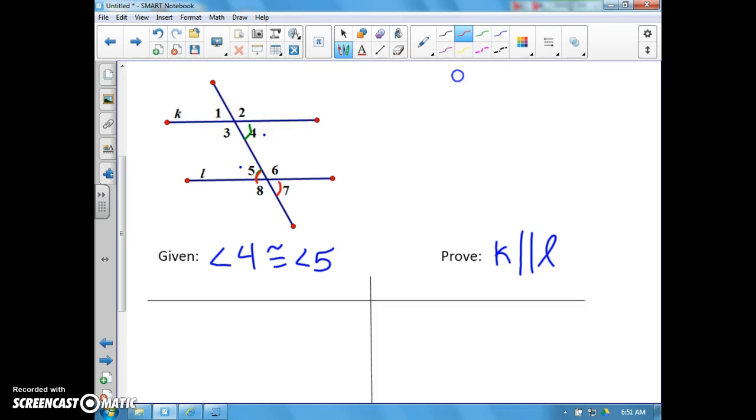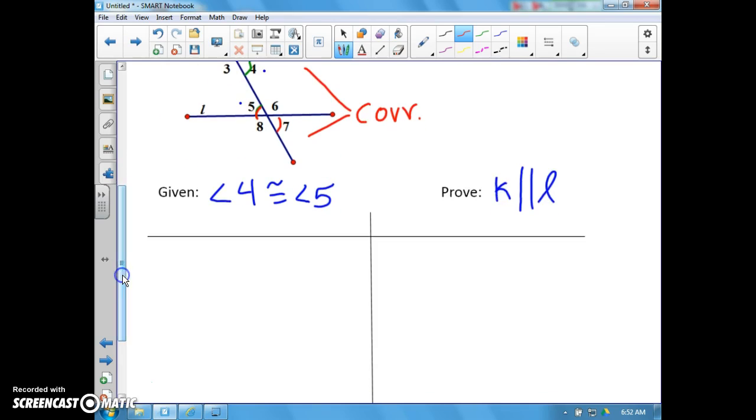Then we'd have a pair of corresponding angles, right, that would help us prove these two lines to be parallel. Because currently the only tool I have is the converse of the corresponding angles postulate to prove lines to be parallel. So I'm going to start my proof.